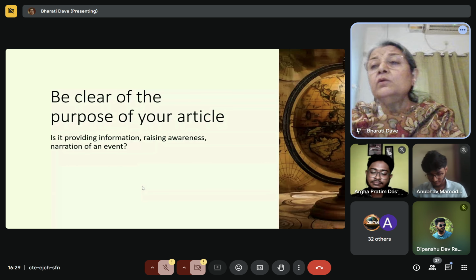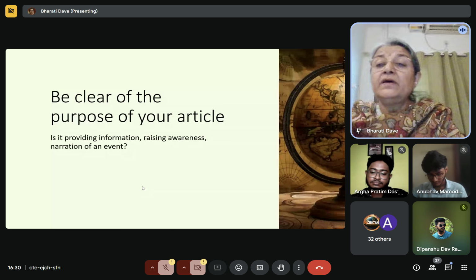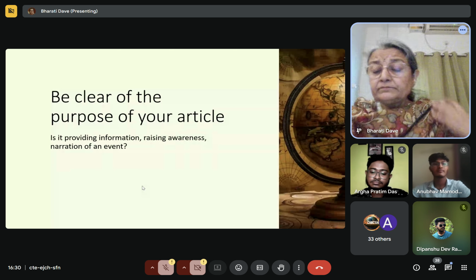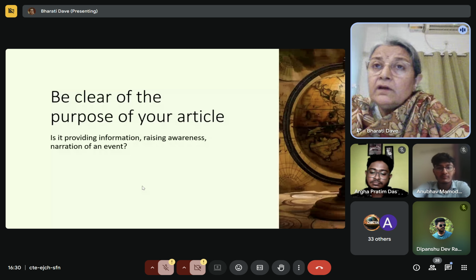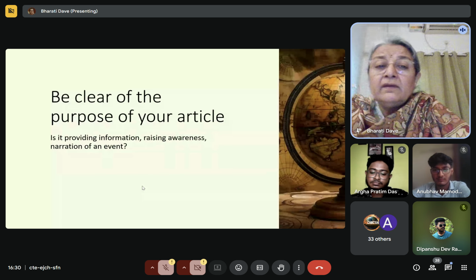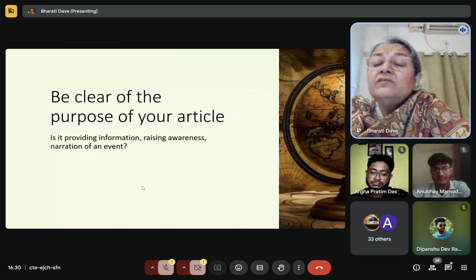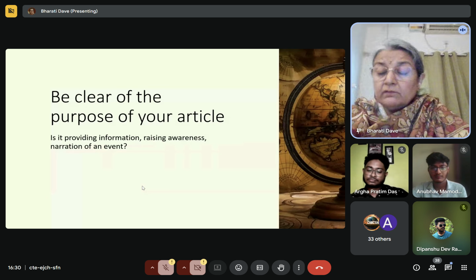So there you're trying to raise awareness and informing the people how a use of a simple thing as a plastic bag is harmful. Or are you just narrating an event? Narrating an event, it can be that you've traveled to Badrinath and you want to say, "Acha, I went from here, then I stopped here, then I went there." So it can be anyways. So the purpose of your article has to be very, very clear when you are beginning with that.